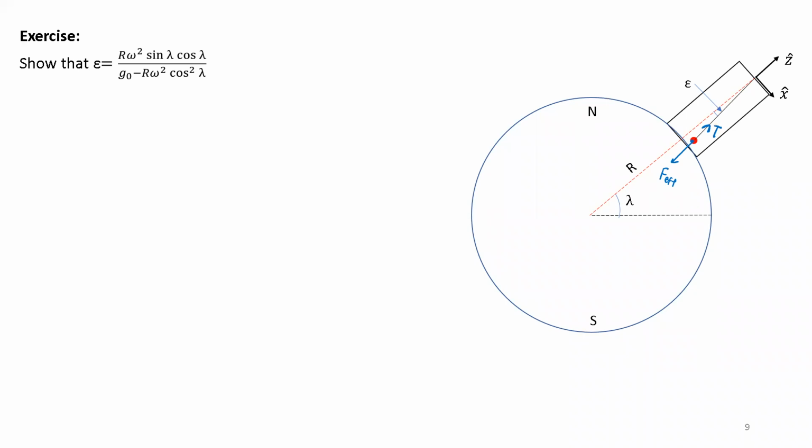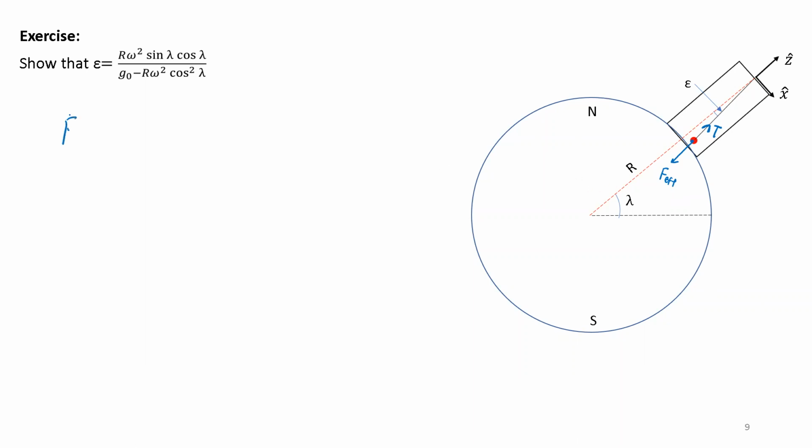Therefore, what I really want to do is find the direction of this F effective and see how much it deviates from the z direction. You will find that this F effective will have some x component, not just the z component.